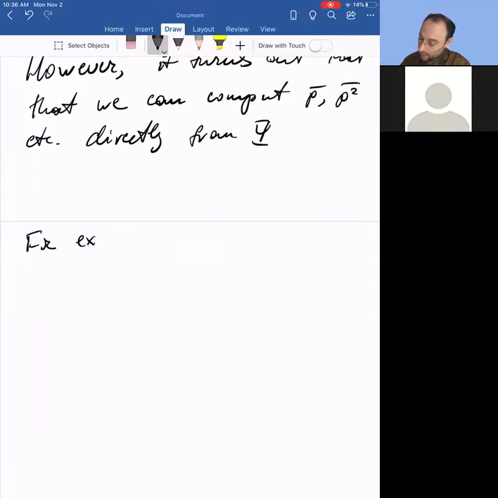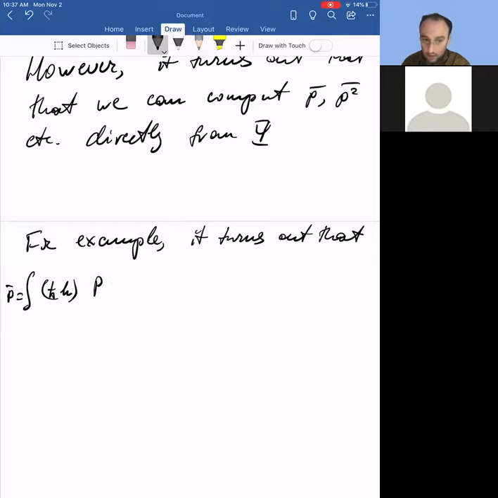For example, it turns out that the mean momentum, which is h bar k times p, times dk, equals the following quantity.